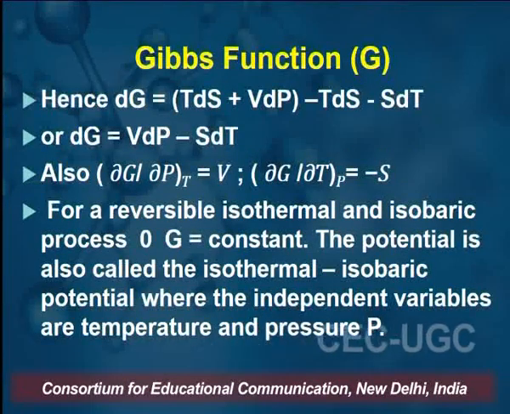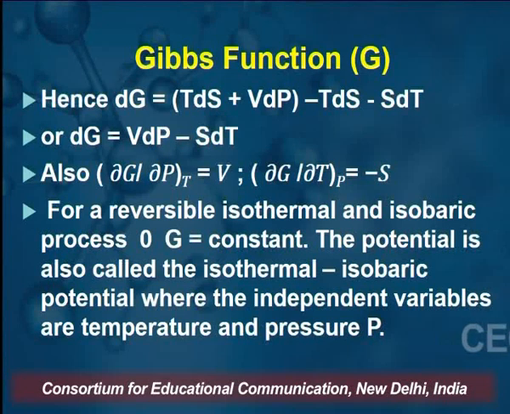Hence we get dG = TdS + VdP - TdS - SdT. As you can see, TdS gets cancelled and we are left with dG = VdP - SdT.